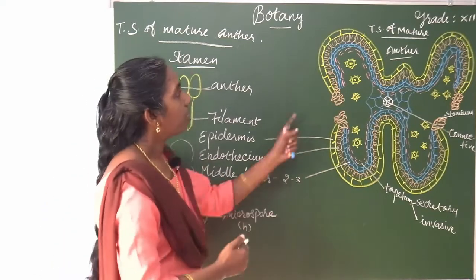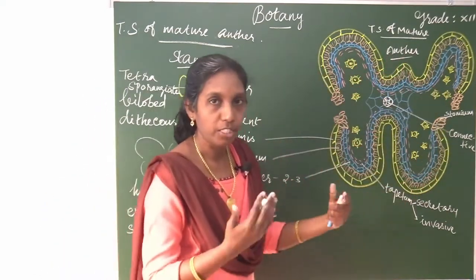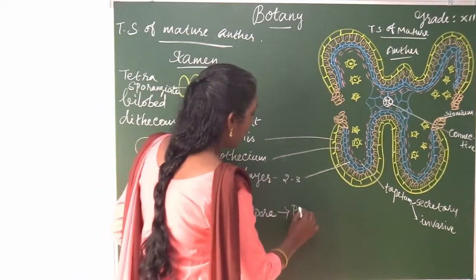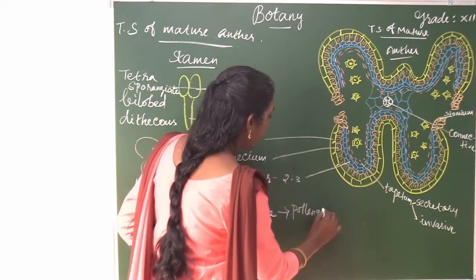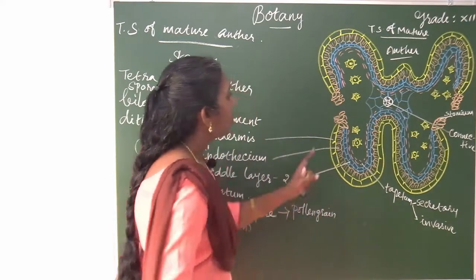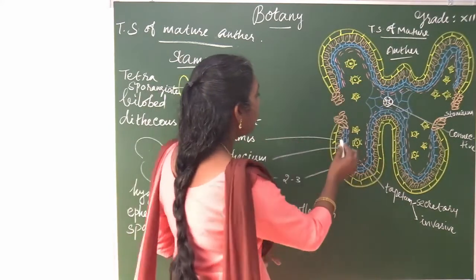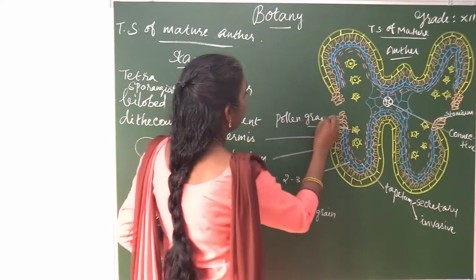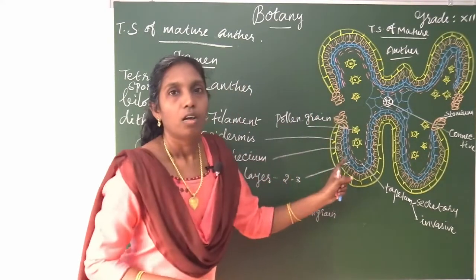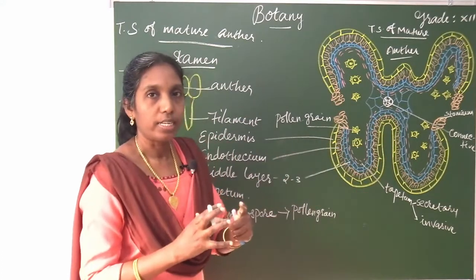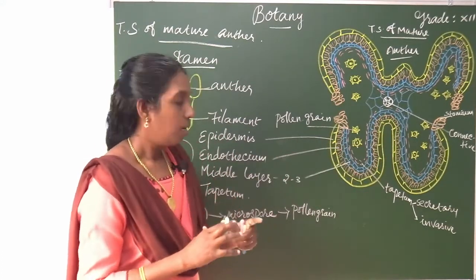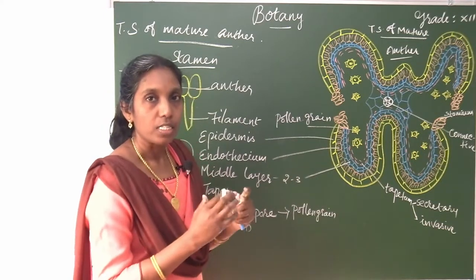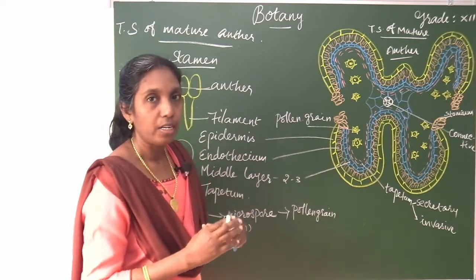Now, later in the mature anther, this is the structure of the mature anther. Here, this microspore is formed as pollen grain. Now, these are the pollen grains. When you see the structure of a pollen grain, it consists of protoplasm and a nucleus.